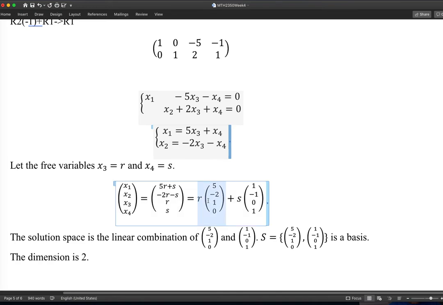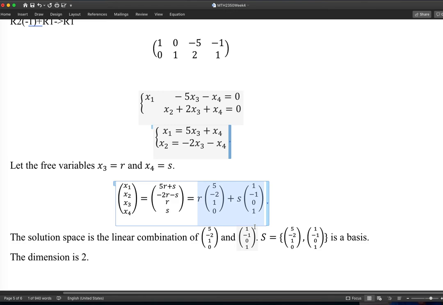Seeing this arrangement, x1, x2, x3, x4 is a linear combination of those 2 vectors, because R and S are just scalar quantities.